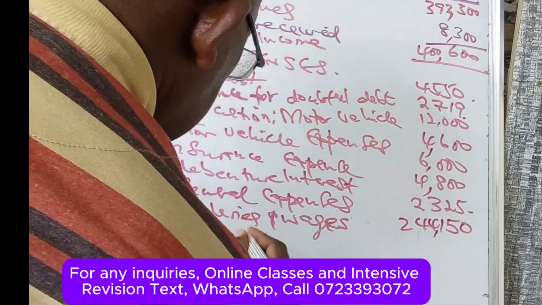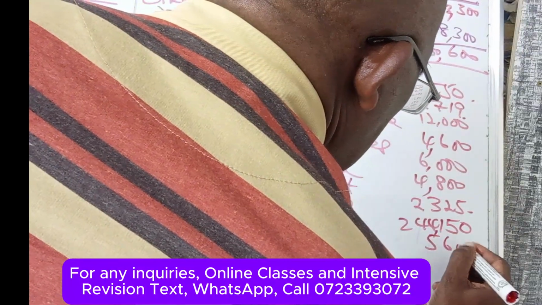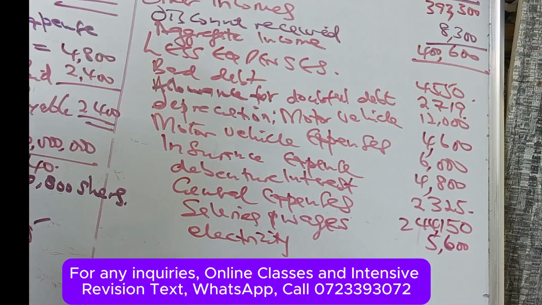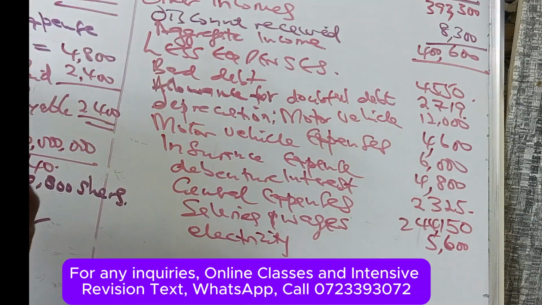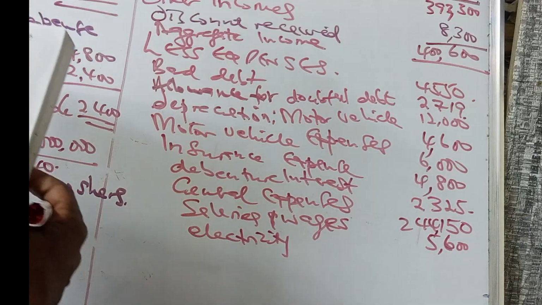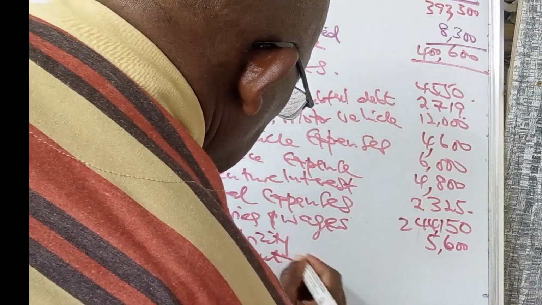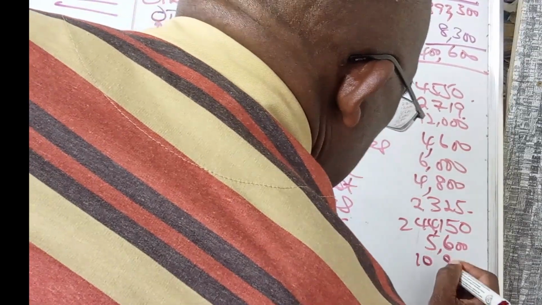We have electricity 5,600. We have bank balance, interim dividend paid, motor vehicle expenses. Motor vehicle expenses we have captured. Insurance we have captured because we did adjustment. Discount allowed 10,900.